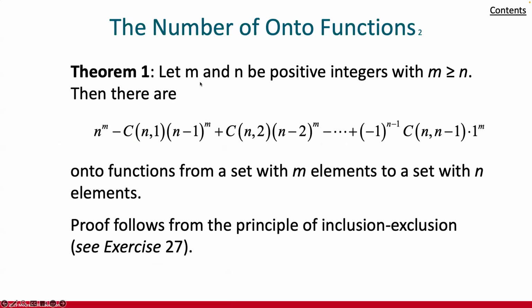Let m and n be positive integers with m greater than or equal to n. Then we have this format for the number of onto functions from a set with m elements to a set with n elements. And the proof is in Rosen, at least it's suggesting that you can be walking through that. You can see exercise 27.